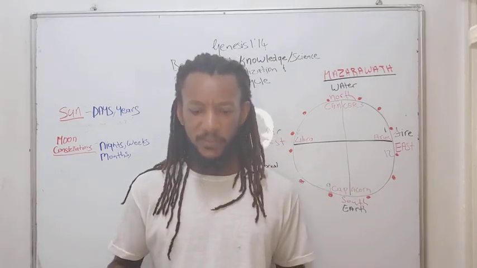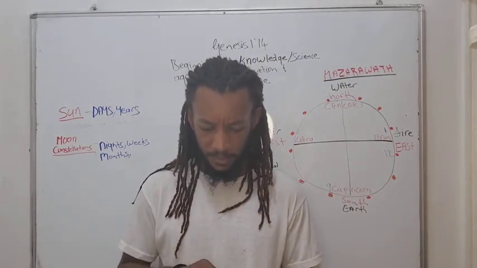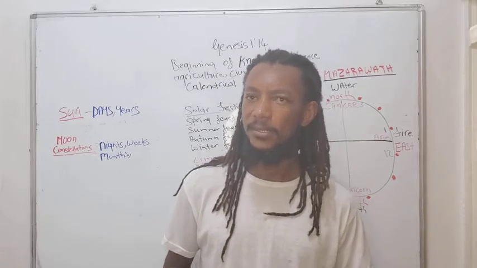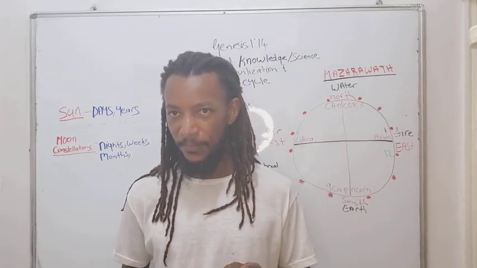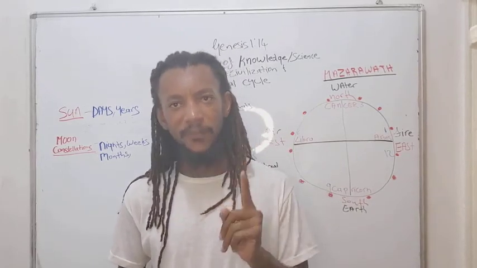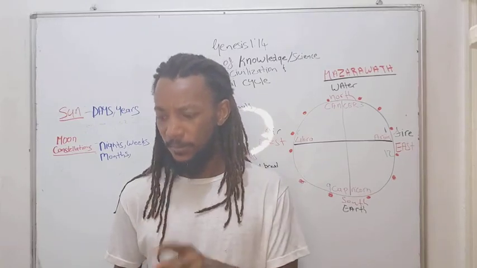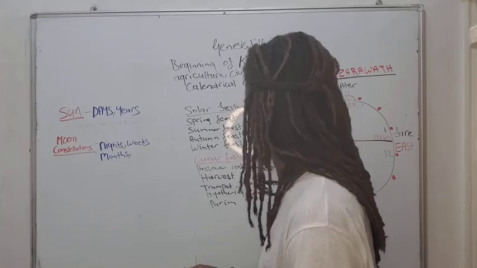Now let us go to verse 3, and then we'll come back with some examples. It says, and God said, let there be light, and there was light. So what we're seeing here is the first thought or the first activity took place here. What's the first activity? And God said, let there be light. So if I should write it, it would be like this.